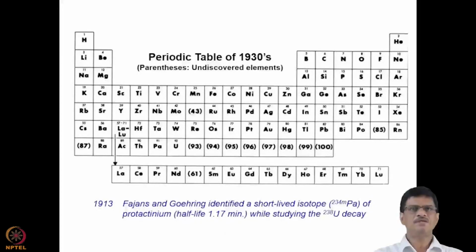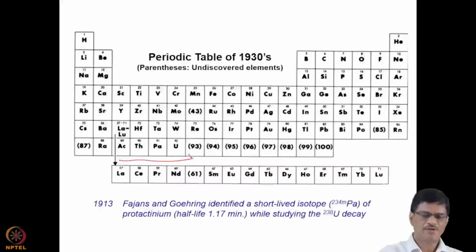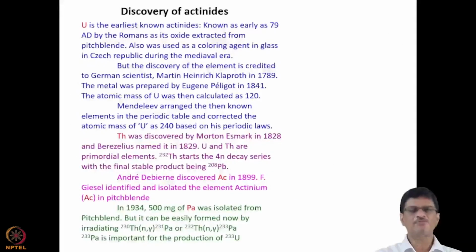As you can see, only actinium, thorium, protactinium and uranium were discovered by that time. In 1913, Fajans and Göhring identified a short-lived isotope of protactinium with a half-life of 1.17 minutes while studying the uranium-238 decay. So this is how these actinides were discovered.